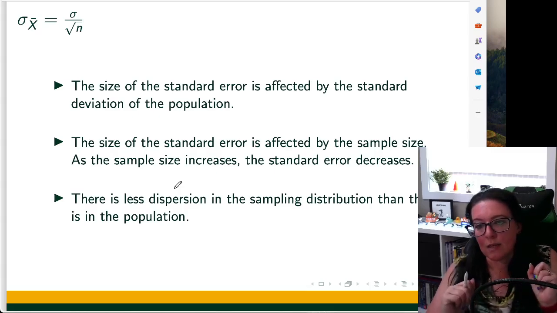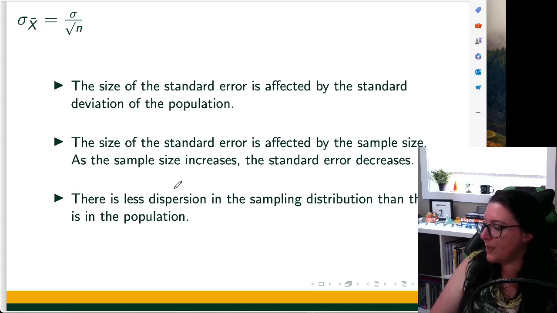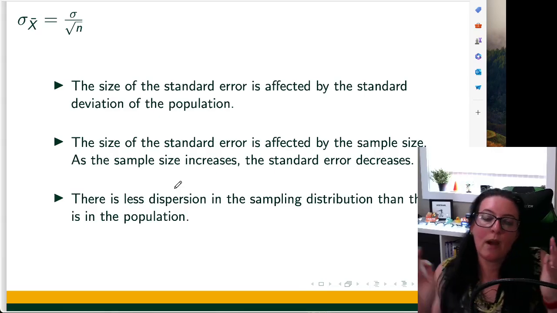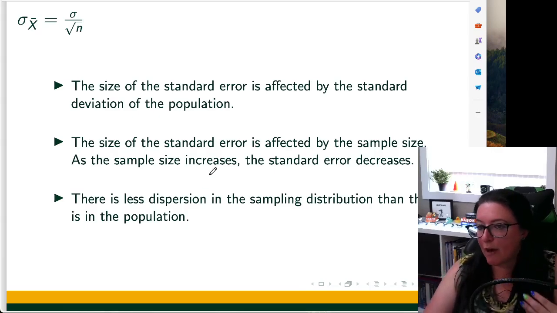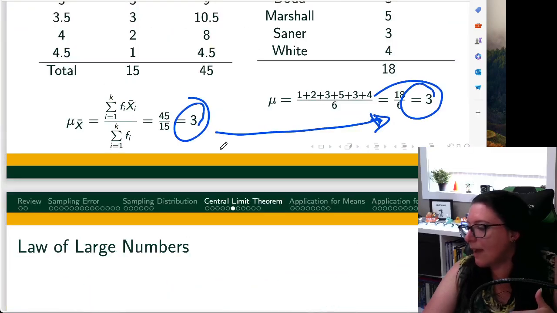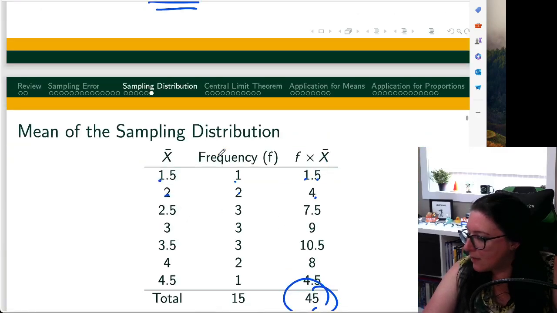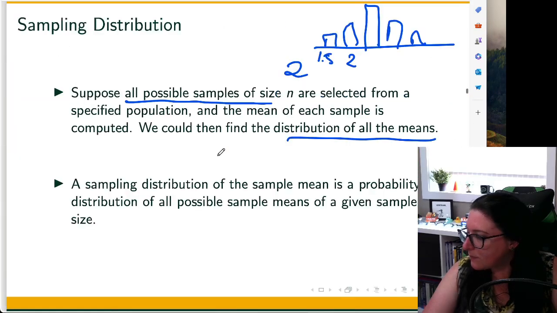The standard error is going to be smaller and smaller. There's less variability in the sampling distribution than there is in the population. So if we are comparing averages from multiple samples, they are not going to vary as much as the underlying data itself. So for example, if we go back to the households original data.